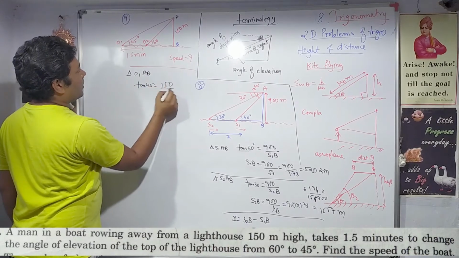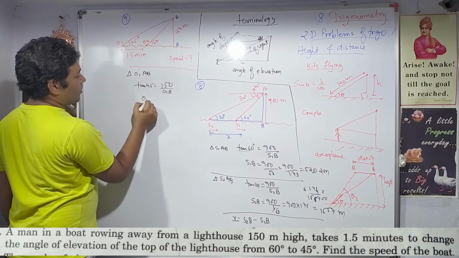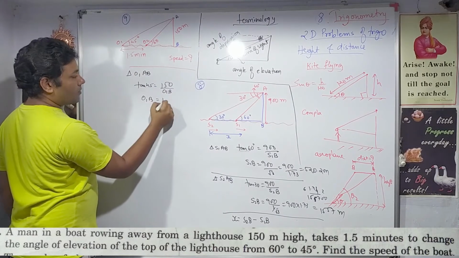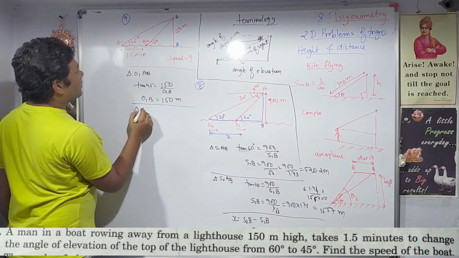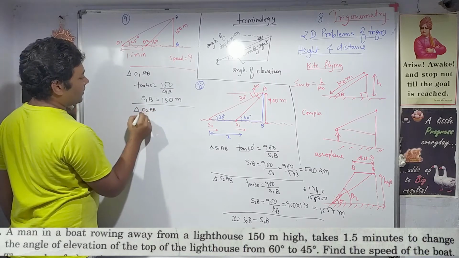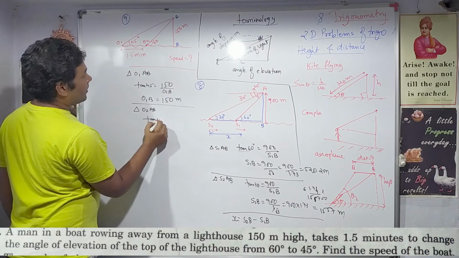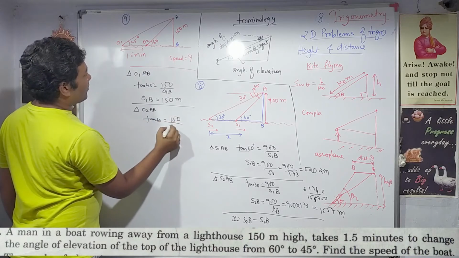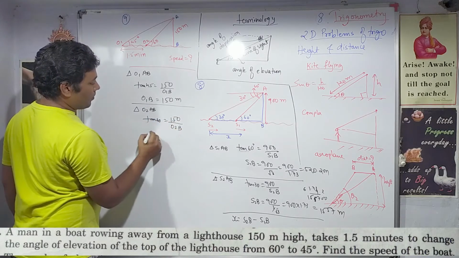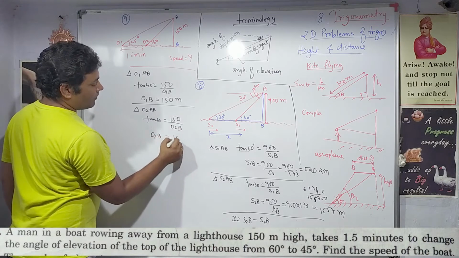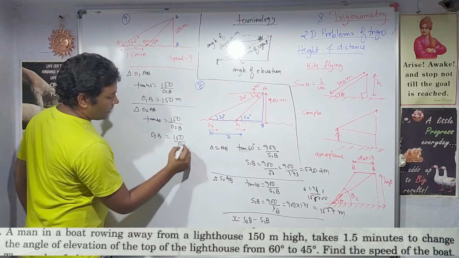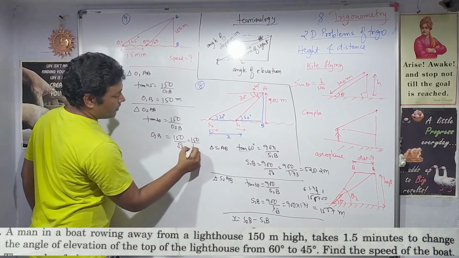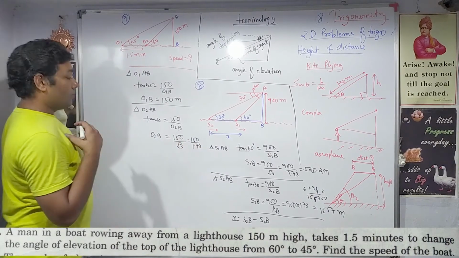Perpendicular upon base. So O1B, tan 45 is 1, so O1B is 150 meters. Now another triangle O2AB, tan 60. Perpendicular upon base O2B. So O2B will be 150 upon tan 60. Tan 60 is root 3. So that is 150 by 1.732.